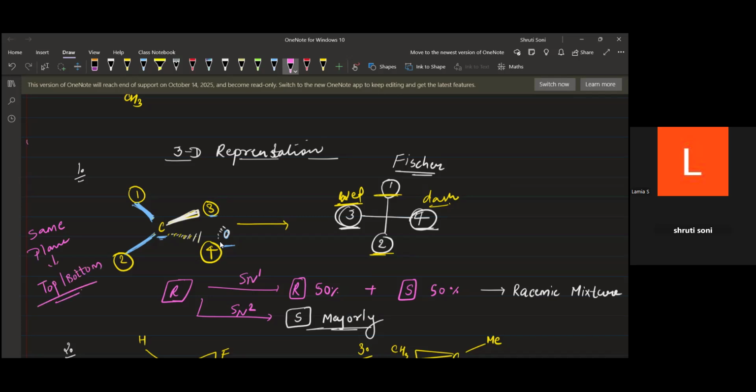In wedge form, they are on the left side, and in dash form, they are on the right side.